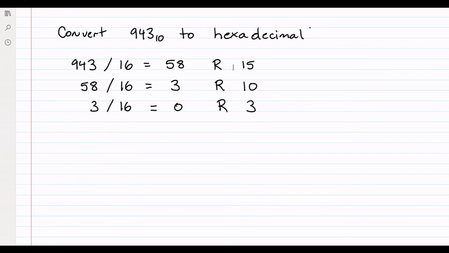Okay. So now you might look here, well, these are not hexadecimal digits, but if we write them as what they should be, right? So remember that 10 is really A, and 15 is really F. 3 is still 3, and you read up, then the hexadecimal number is 3AF base 16.